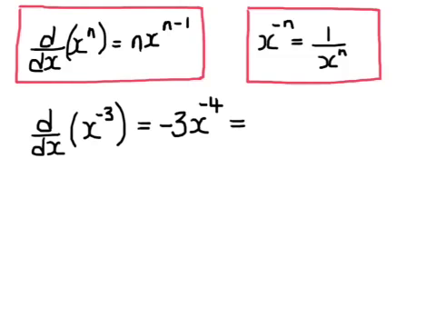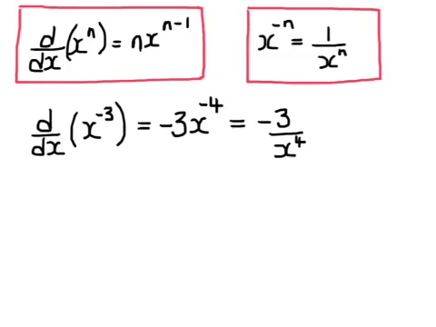So for example, in this case here, if I want to rewrite x to the power of minus 4, I can rewrite this as minus 3 over x to the power of 4. So all that happens is that in order to get rid of the negative index value, if I bring it down below the minus 3, it will become x to the power of 4.